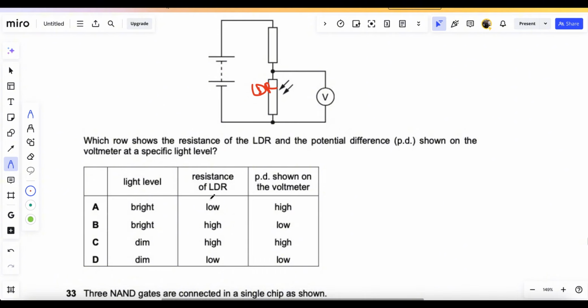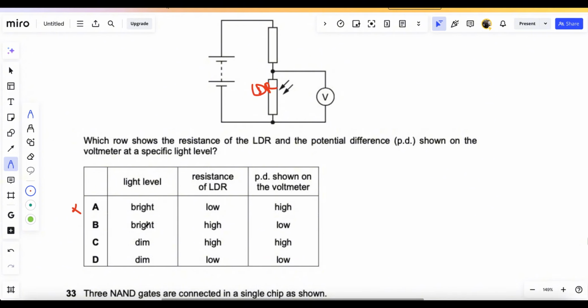We're going to look at the light level, and we also look at the resistance of the LDR and the potential difference. So the light level is bright when the resistance of the LDR is low and the potential difference, the voltage, is high. You know, PD means voltage. This is wrong. This is not true.